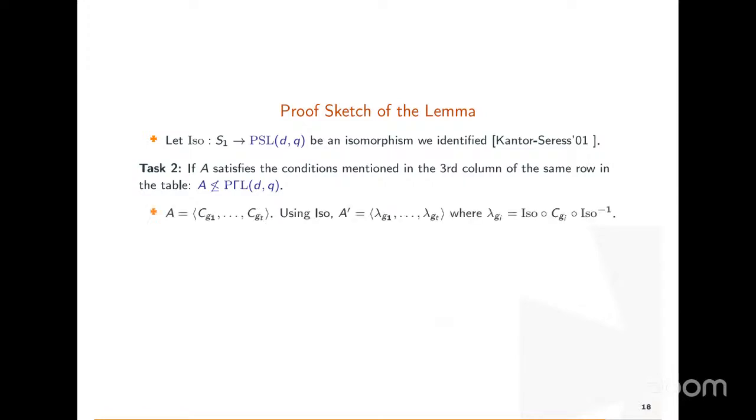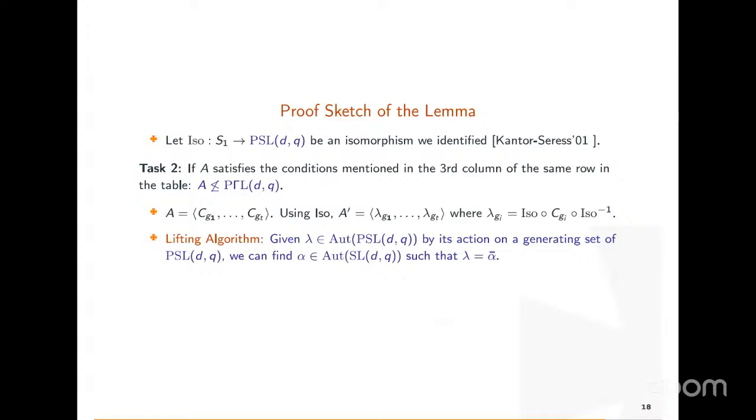Now, what will we do? If you notice, this A is actually a permutation group, but P gamma L DQ or PSL, all of those groups are matrix groups. So can we somehow use the structure of matrix groups? That is what we have done. We first transfer our permutation group representation of A to a matrix group representation. So we go from automorphism of PSL to automorphism of SL.